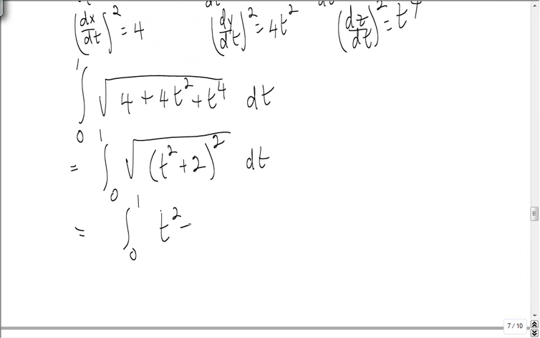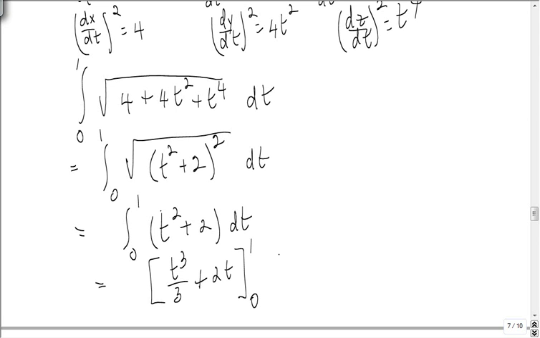Of t squared plus 2 dt, which is equal to t cubed over 3 plus 2t from 0 to 1, which works out to be 7/3. That is the length of the path.